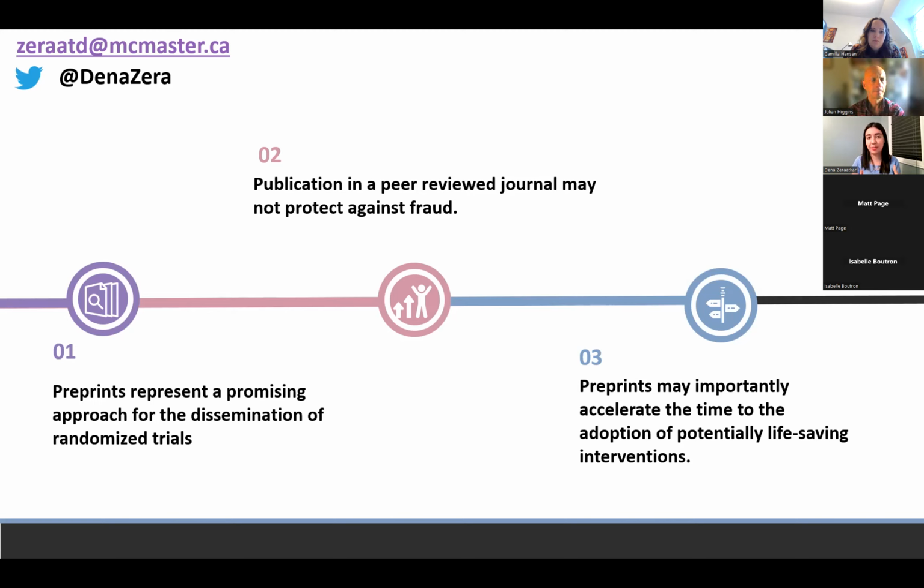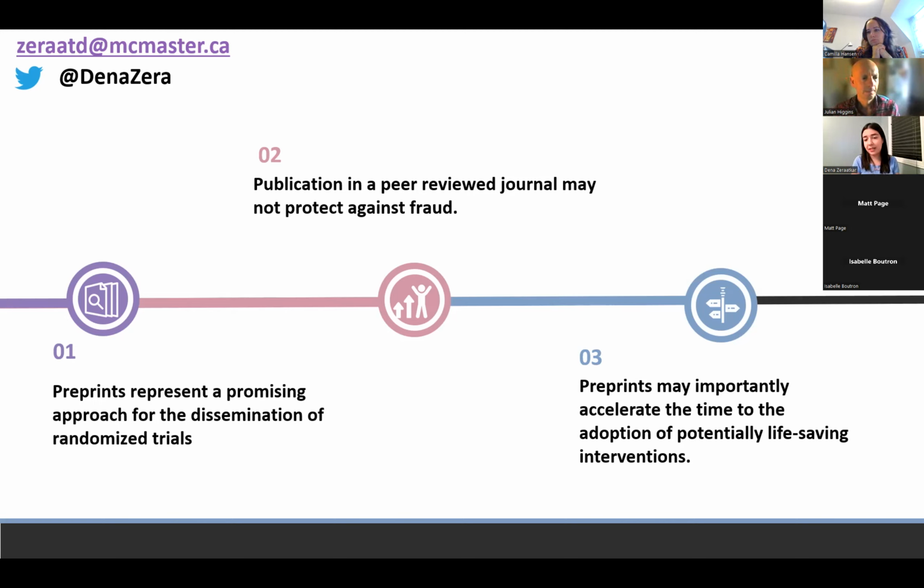Case in point, during the pandemic, the New England Journal of Medicine, a highly respected journal with very high editorial standards, published a study describing fraudulent data. I think with the number of available journals, the rise of predatory journals, and the fact that peer reviewers seldom have access to primary data, coupled with this evidence, we can agree that publication is not really a perfect indicator for trial trustworthiness.